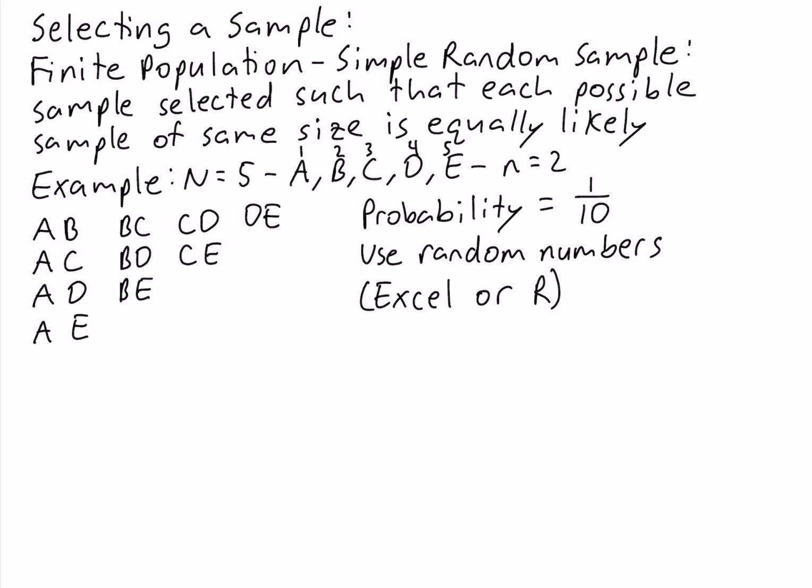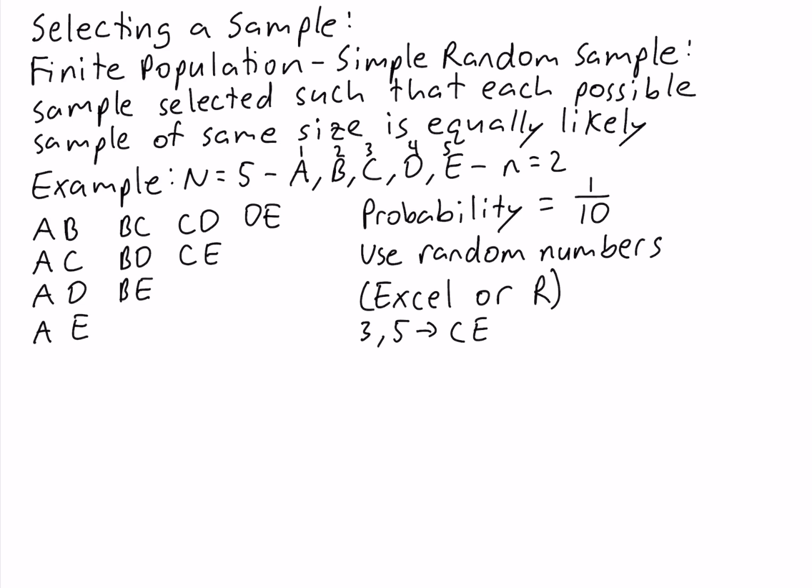So suppose we used Excel to generate 2 random numbers, and the numbers we generated were 3 and 5. Well, 3 corresponds to C, and 5 corresponds to E. So the sample we would have selected is CE.